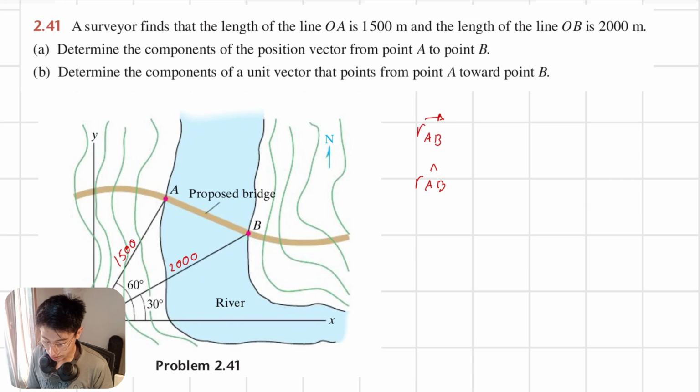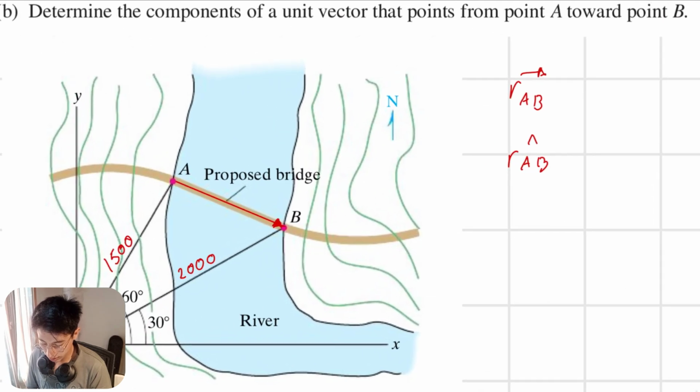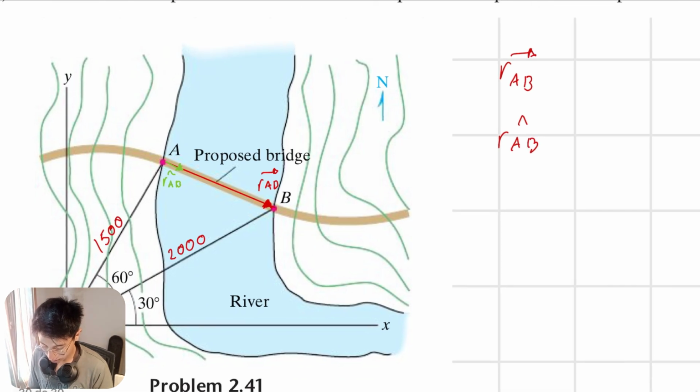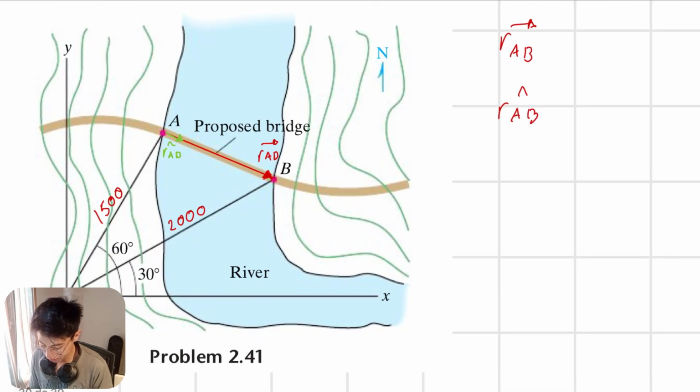Now determine the components of the position vector from point A to point B. They are asking once again for this vector and the corresponding unit vector. So this is RAB, the unit vector, and this is RAB, the vector. Let me check how we can solve this exercise.